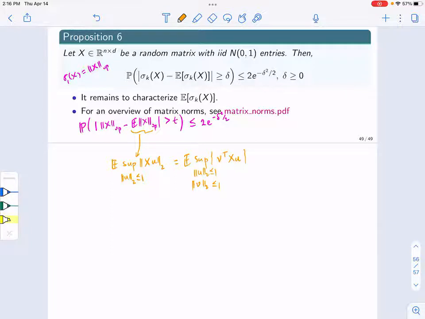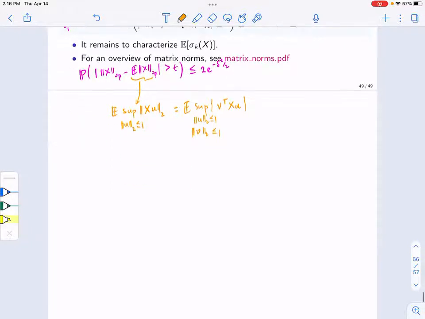Right, this is saying, for example, that the L2 norm is the supremum of v transpose a. So I'm just replacing this with a variational version, which is this. If you optimize first over u, separately, you can justify it for yourself.